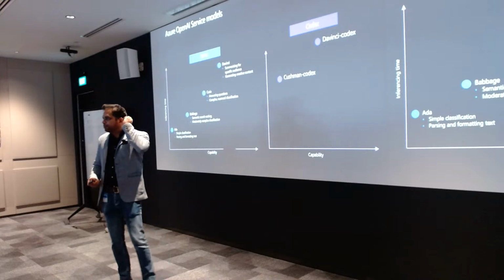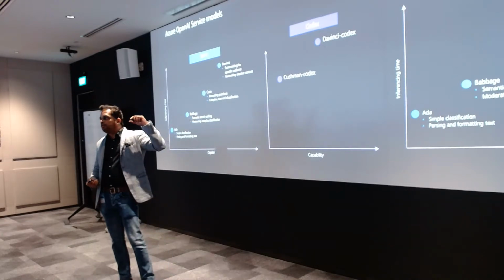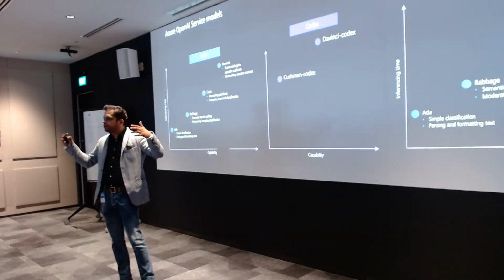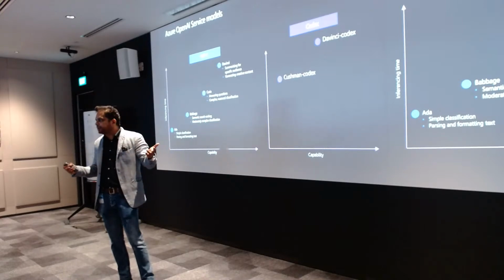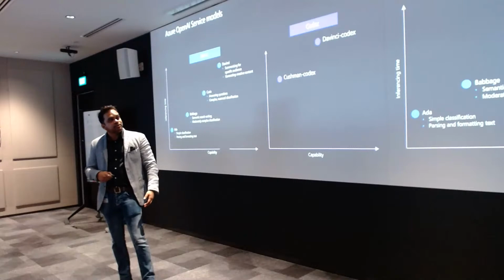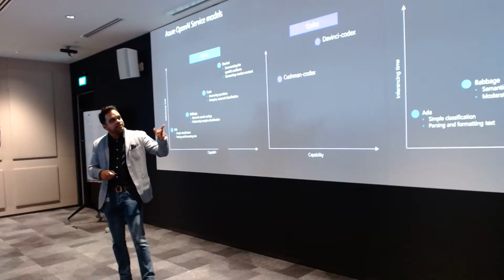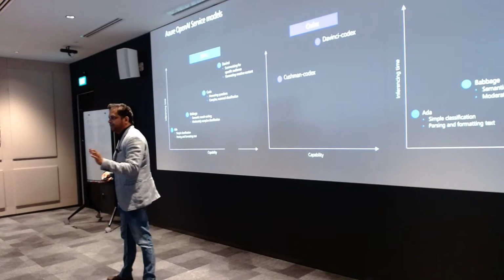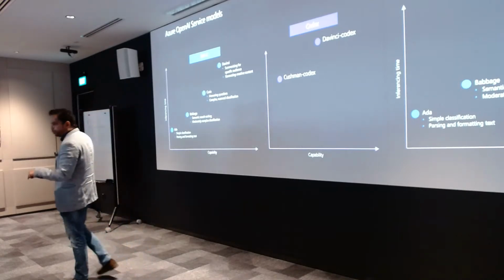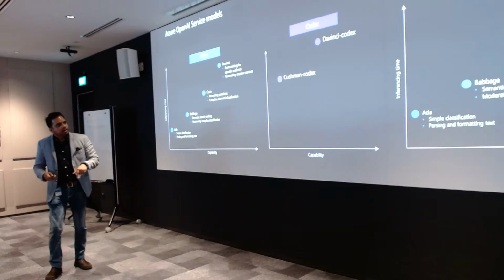Simple. So why I'm showing this is that if your use case is very simple, I just want sentiments, I want just a simple classification, don't go for this because it will cost you more, if the same thing can be done by a simpler but not as capable model, capable enough for what you want to do.